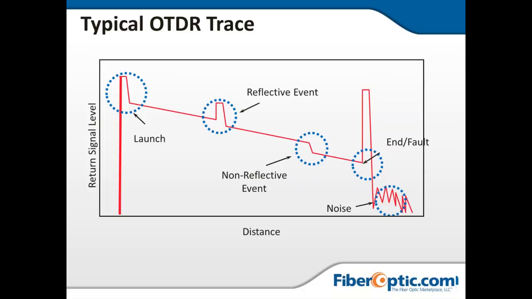If we launch right into the first connector of the fiber under test, I really don't get a very accurate measurement for the first couple hundred meters of that fiber, and I certainly don't get a very good measurement of that first connector. So by putting that launch box in place, I get to back that fiber up 100 meters if it was multi-mode, or maybe 1 kilometer if it's single mode.